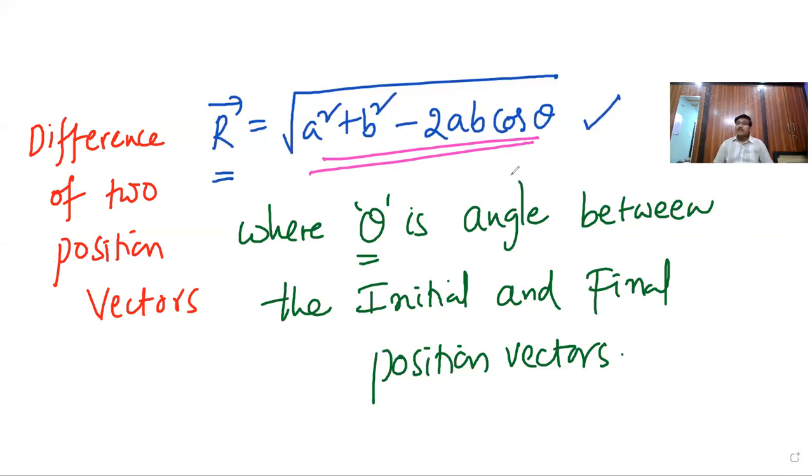Okay. That means in the above case, we have used same parallelogram. Now, whatever we use to do for the addition of two vectors, the same parallelogram law is also used to find out the difference between the two vectors.